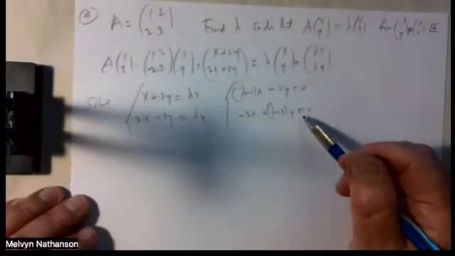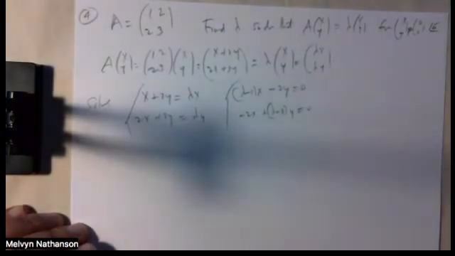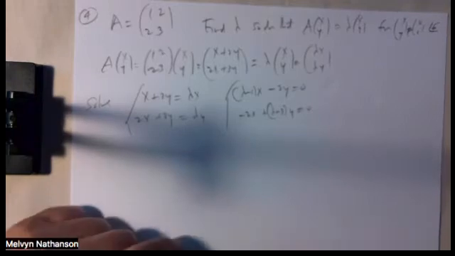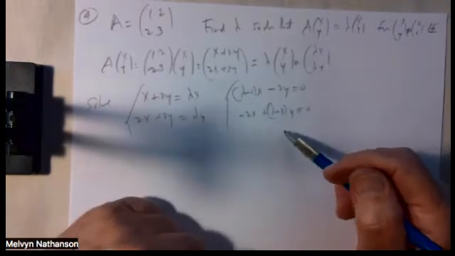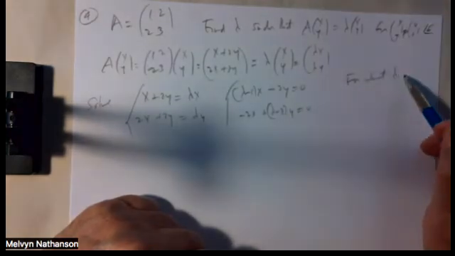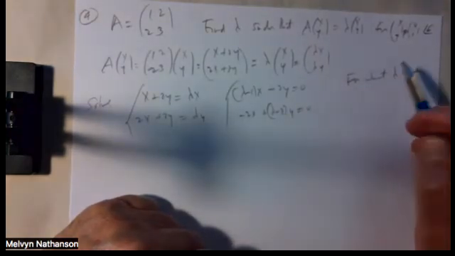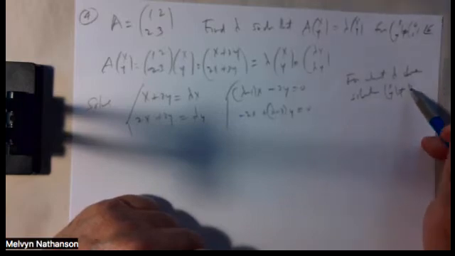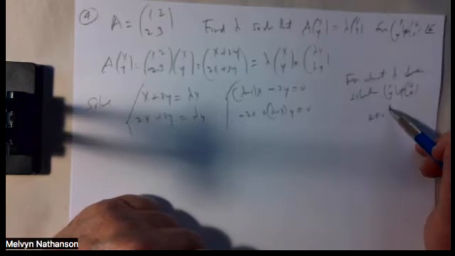So I want to know for what lambda I can solve these equations. It's just 2 equations and 2 unknowns. So for what lambda does a solution xy not equal to 0, 0 exist? When do 2 linear equations and 2 unknowns have a non-zero solution?